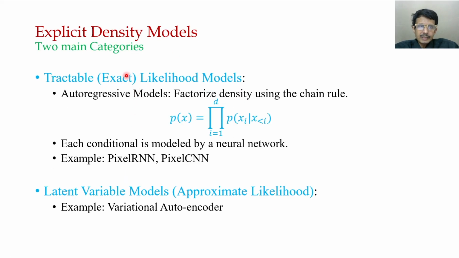Now there are two main categories. What we said earlier, tractable models with exact likelihood, that is the autoregressive models. Now what is autoregressive?